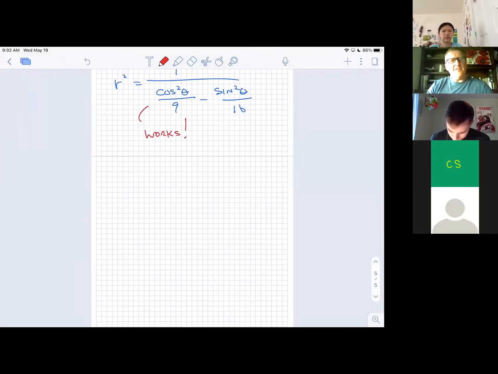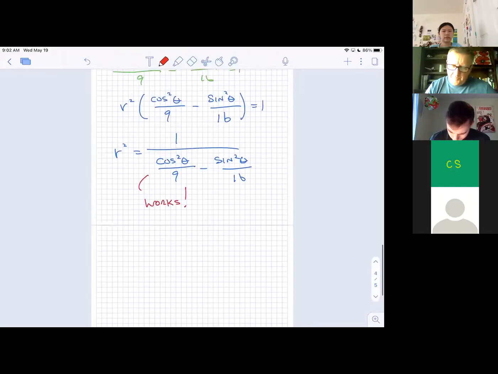And I didn't invent this. This kind of bothers me a little bit because it feels like I should be able to do something to this to get it to look like that, like get rid of the squares and square roots and so forth. And as I said, we have sine squared and cosine squared, and there are identities about that. So maybe I could start messing with those and switch out cosine squared for 1 minus sine squared, and play with it, try to write it in a simpler form.